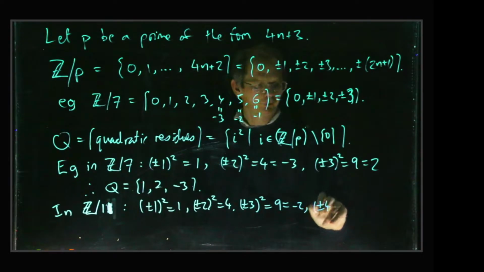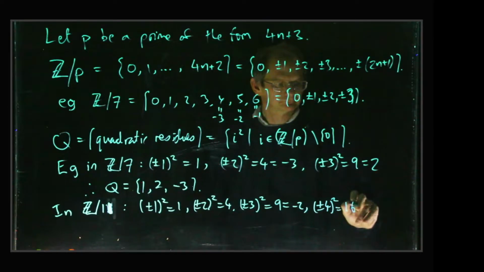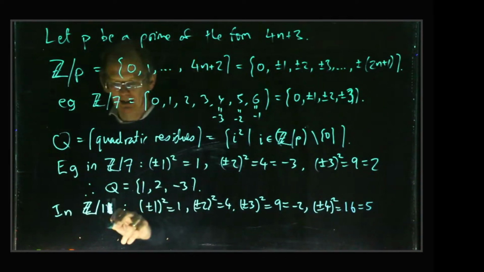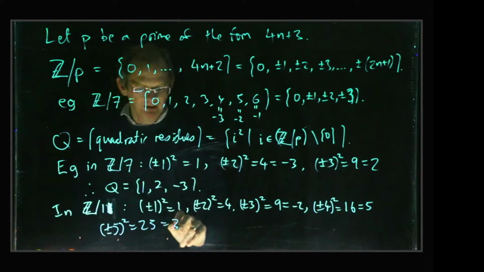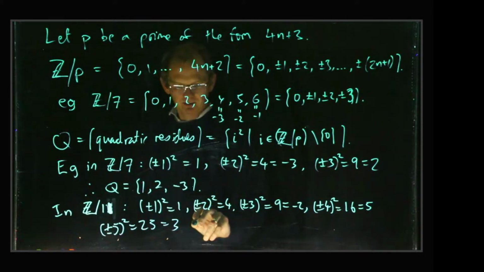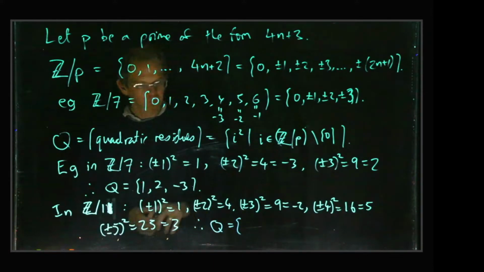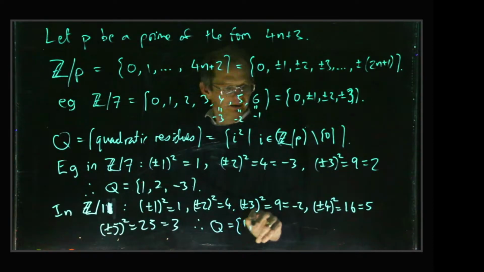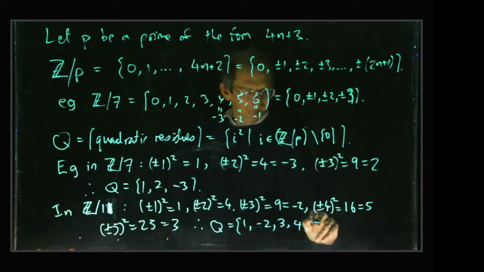Plus or minus 4 squared is 16, which is 5 mod 11. And plus or minus 5 squared is 25, which is 3 mod 11. So the quadratic residues in this case are 1, minus 2, 3, 4, and 5.